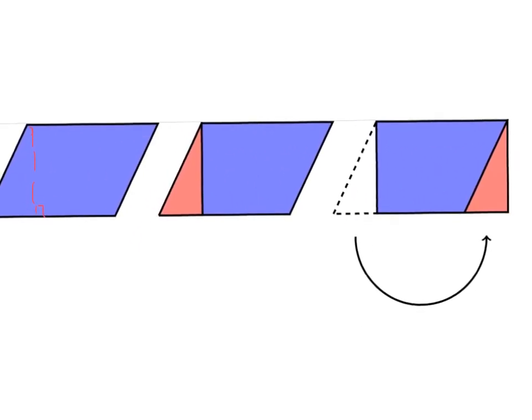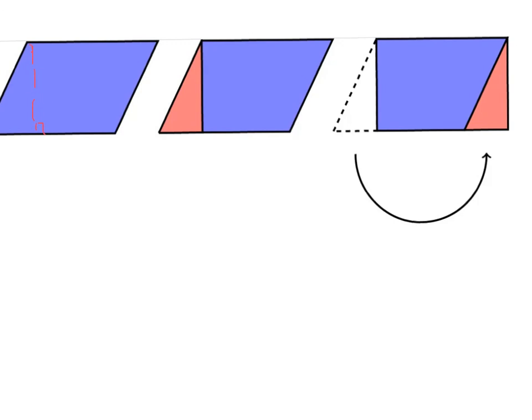Now that we have a rectangle, you already know how to find the area of a rectangle. The area of a rectangle is just base times height. So in the case of the parallelogram, the area is still just the base times height, but the height is the perpendicular height, so going straight up. In this case, our height is here.